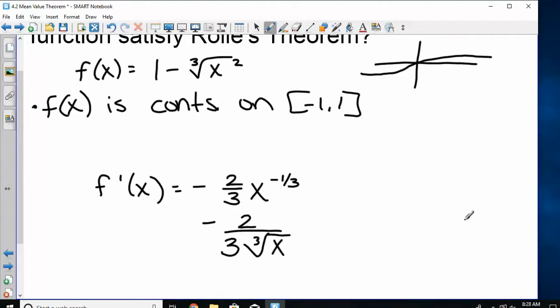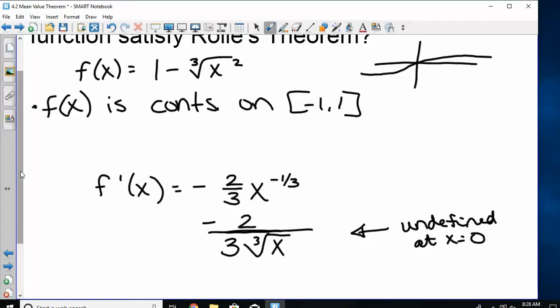So it's negative 2 over 3 times the cube root of x. Is there any problem with that? Is there anywhere that's not defined? Yeah, this is undefined at x equals 0, because you would get 0 on the bottom of the fraction.